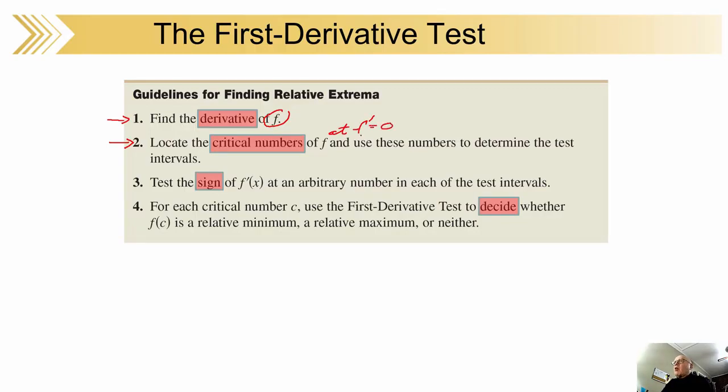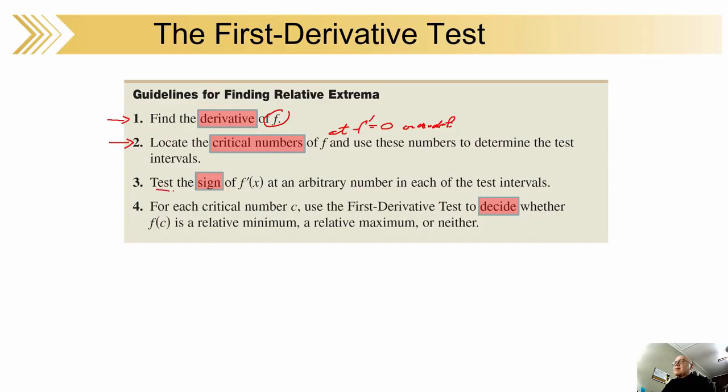Critical numbers are where the derivative equals 0, or where it's undefined. You might have a denominator that's 0. Those are going to be critical numbers.